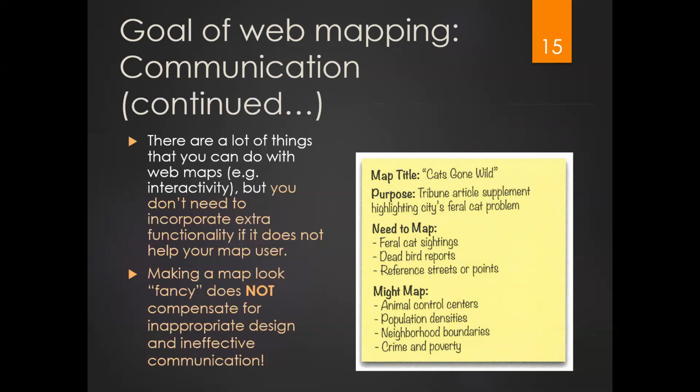Making a map look fancy does not compensate for inappropriate design and ineffective communication. So in summary, you should evaluate if it is necessary to make a web map. And beyond that, you can make this web map very fancy, very interactive, but before that, you should consider if that is necessary. Do not do this only for the sake of doing it, okay? Okay, that's the first part of the video.